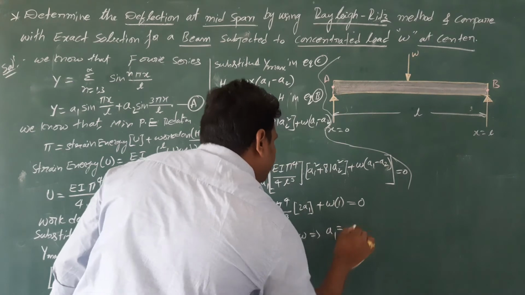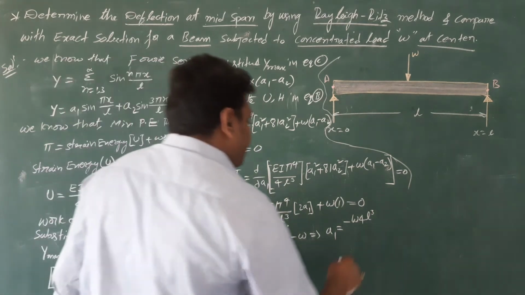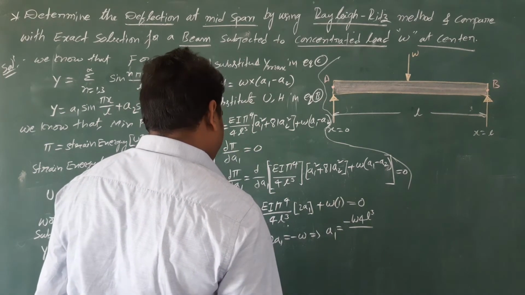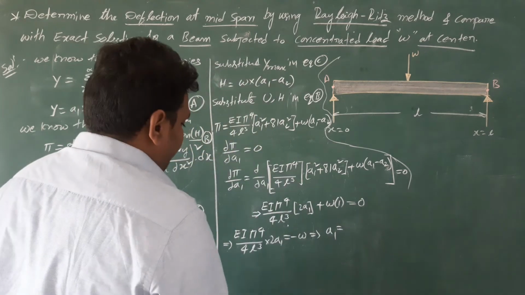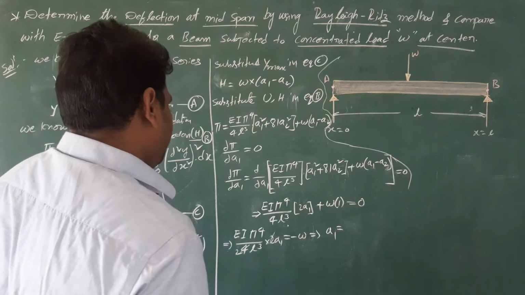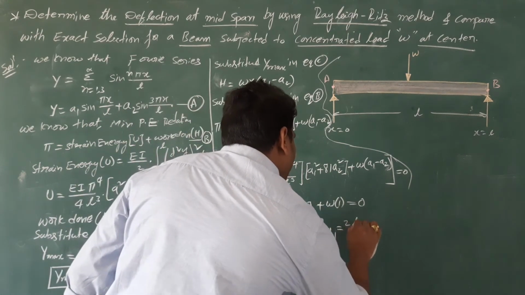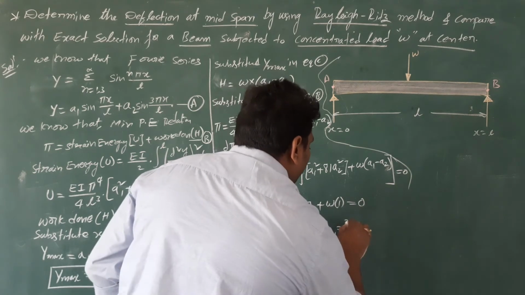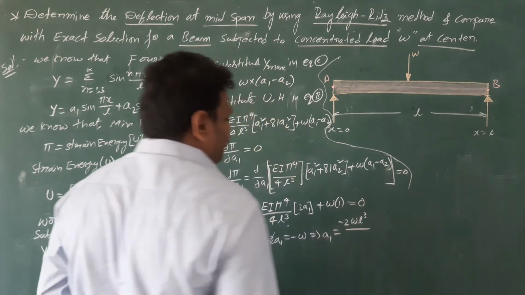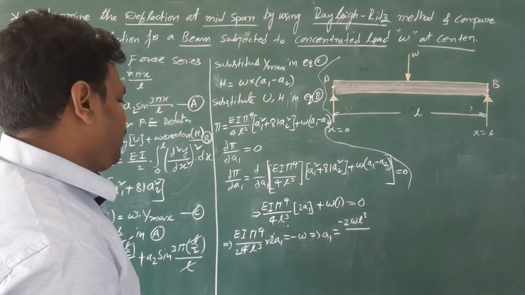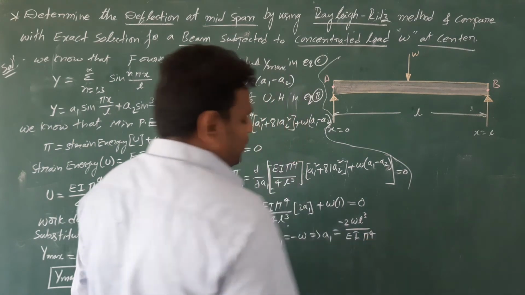A1 is equal to minus W times 4L³ divided by EI π^4 times 2. Here the 2 cancels, so the remaining is 2L³ W by EI π^4. This is the A1 value.